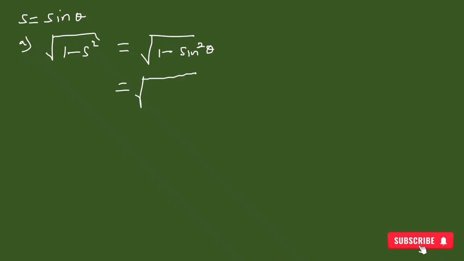So if you look at what is under the root, there is an identity we looked at in the second video, where we said cos squared theta plus sine squared theta equals 1. If we make cos squared theta the subject, we end up with 1 minus sine squared theta.